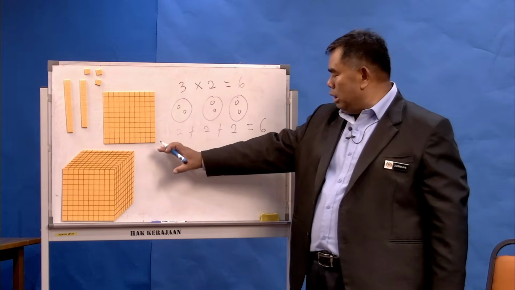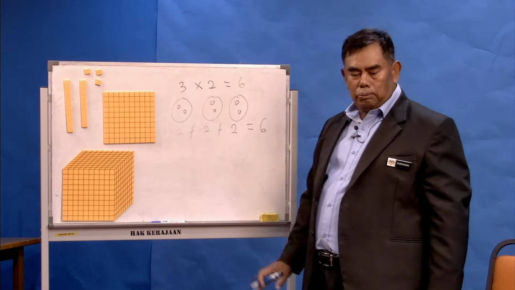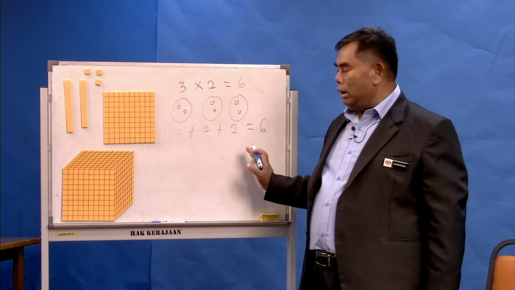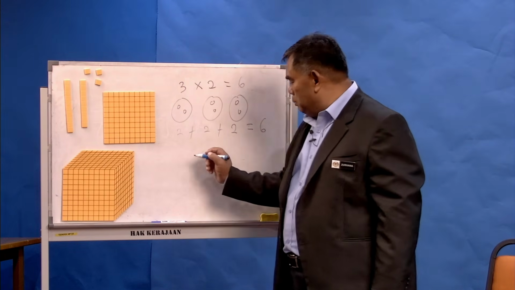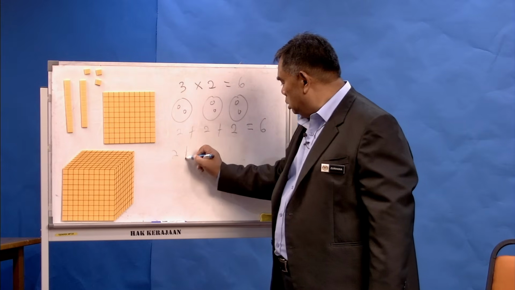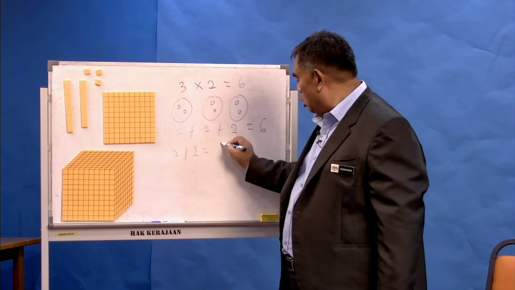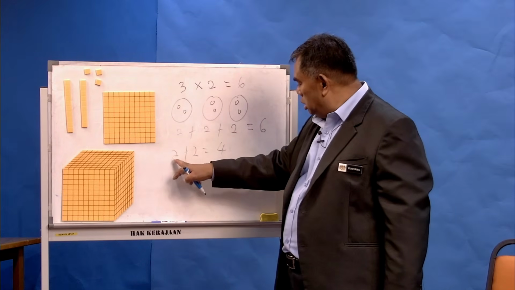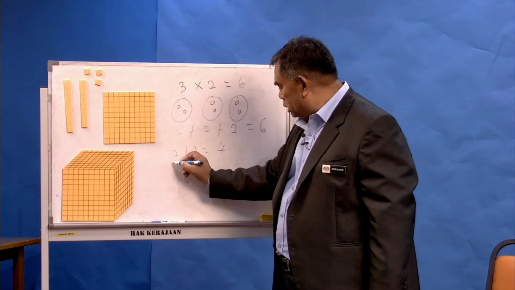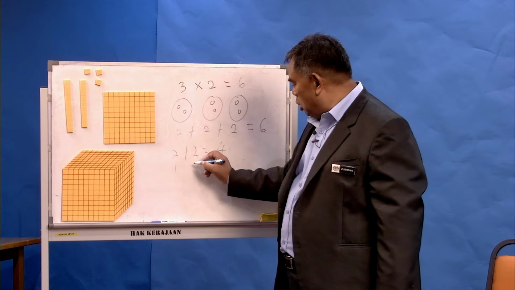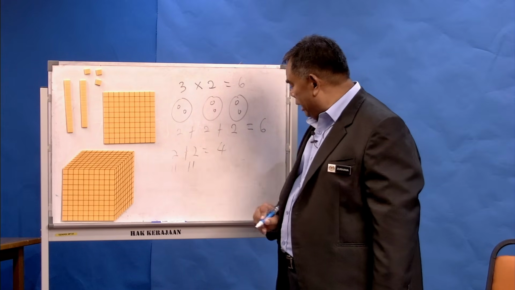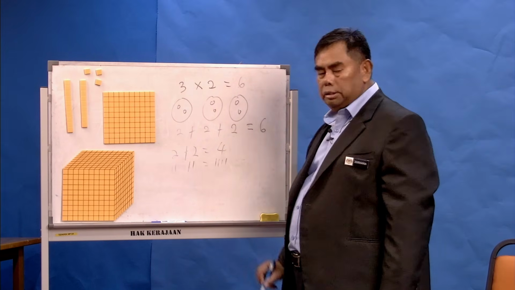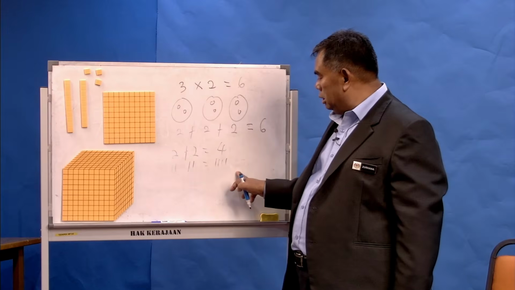But in mathematics, the basic fact is also something we can define or give meaning to. For example, 2 plus 2 equals 4. We have 2 sticks joined together, combined with another 2 sticks, so we have 4 sticks. This is a meaning.